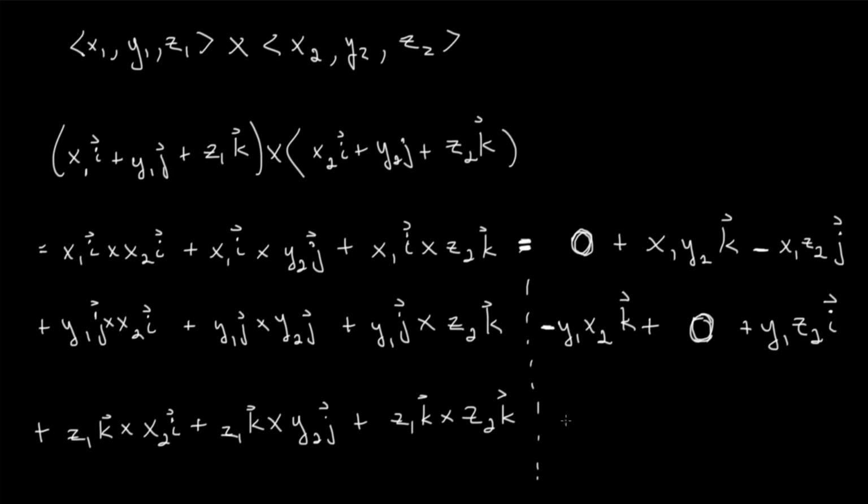It's going to be plus z1 x2. k cross i is positive j. And then we have k cross j, which ends up being negative i. And the magnitude here is going to be z1 y2. And then k cross k, no matter the magnitudes, is going to be 0.